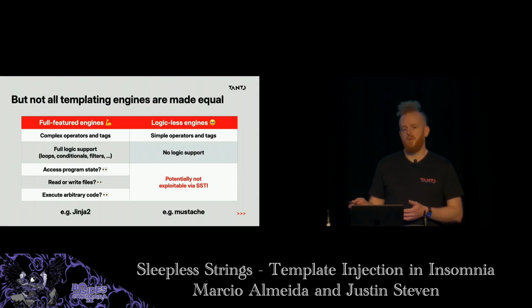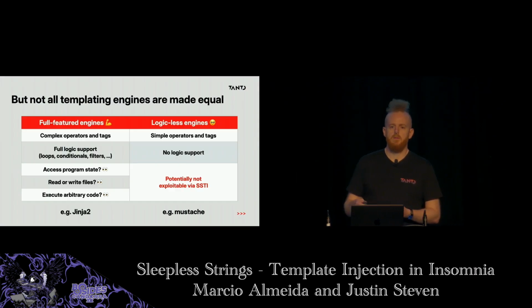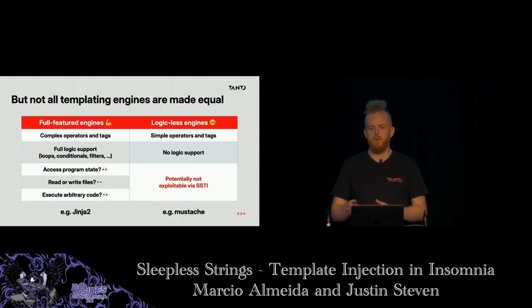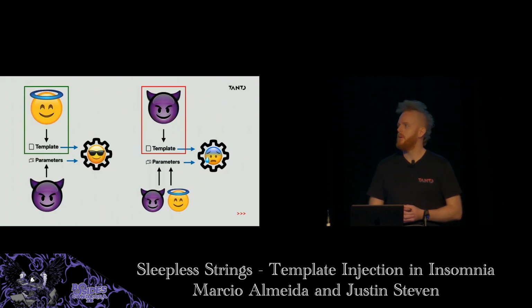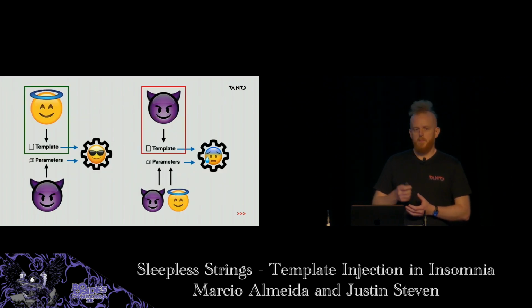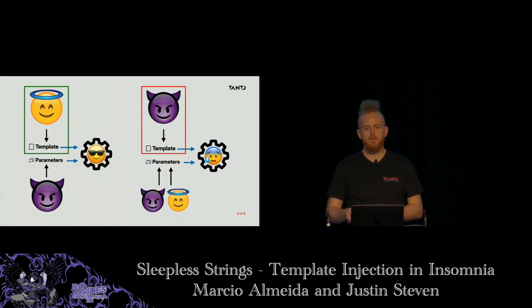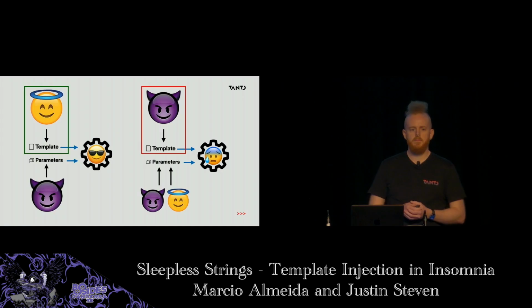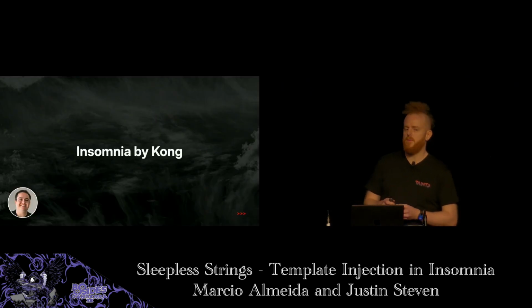Some of them aren't so sophisticated and may be considered safe to allow an attacker to control the template. But as a general rule, it can be considered unsafe for an attacker to control the template. If they can, then weird and wonderful things may happen. And speaking of wonderful, I'd like to hand over to Marcio.